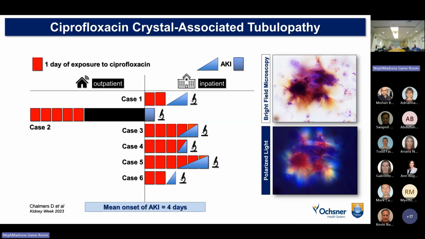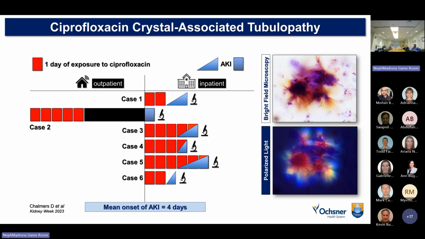So we presented this at Kidney Week in a poster session last year. We had 6 patients where there was a clear exposure time, represented in the red boxes, that preceded the microscopy and the presence of those crystals.